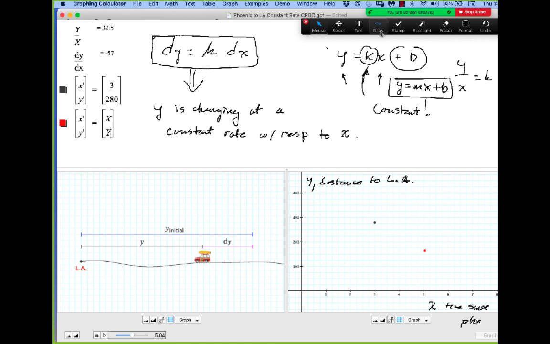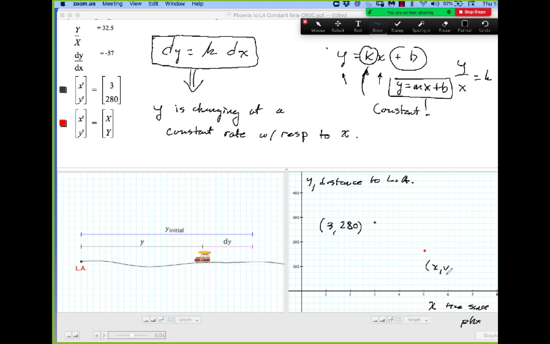So the first thing we're going to do is start with this initial point here. We know for sure that after 3 hours since leaving Phoenix we are 280 miles from LA. And then this is going to represent every other point that's a correspondence between x and y. Are we good so far?